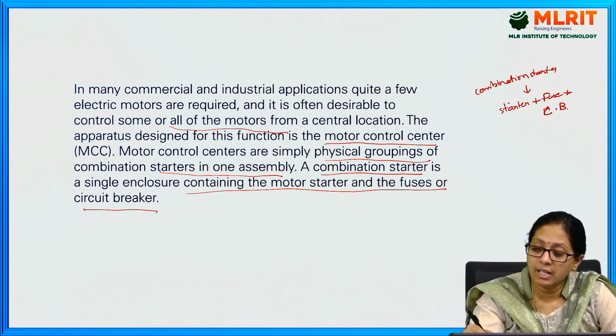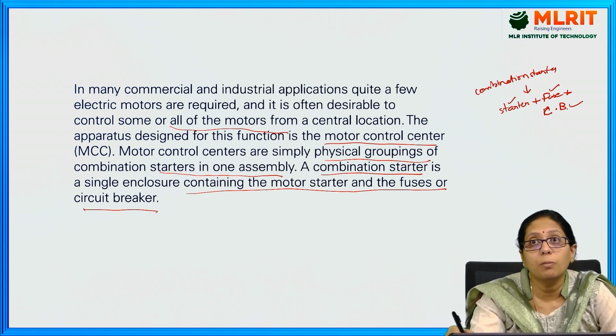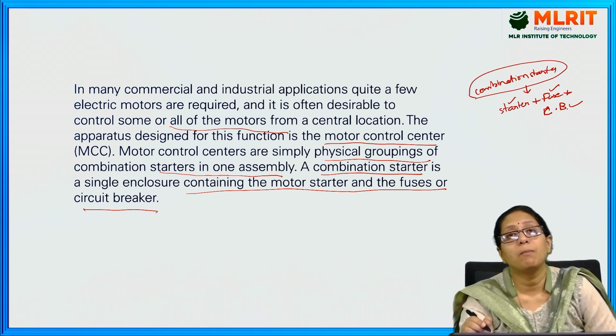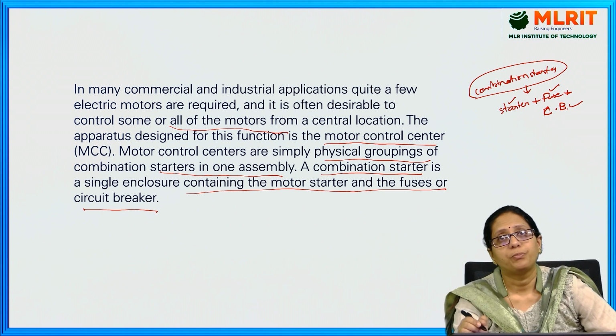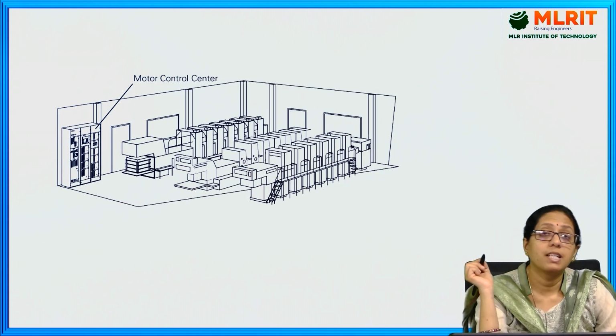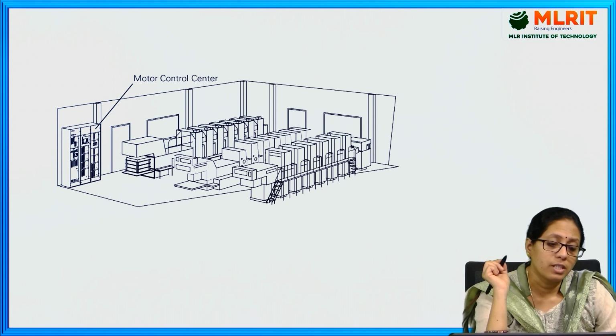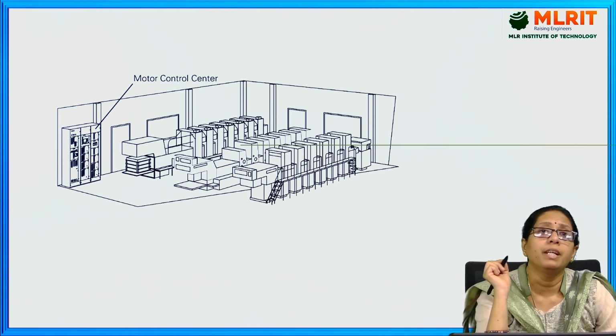The combination of starter as well as fuse as well as circuit breaker, you will call it a combination starter, which is placed in the MCC panel. Here you can see a single small diagram where the MCC controls the whole room where different motors are connected.